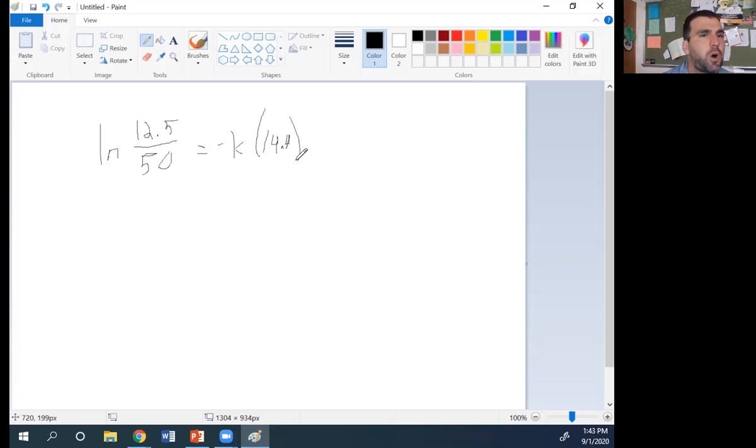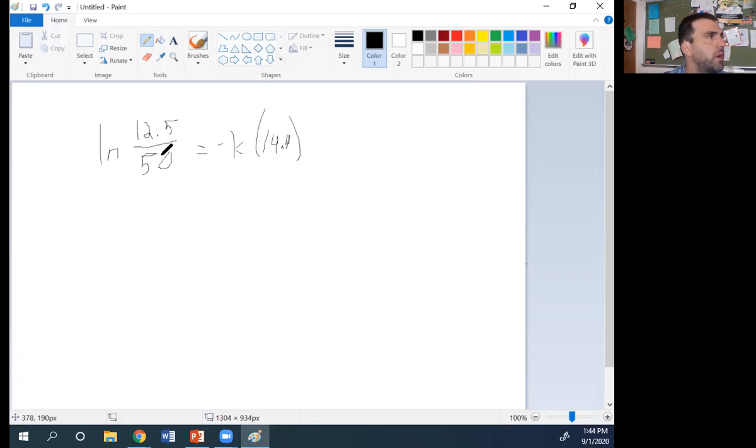Remember, when you use ln, the smaller number always goes on top. Now, your K is not going to be negative, okay? Now, it's negative because when you put ln of 12.5 over 50, you get a negative number. So you do ln of 12.5.